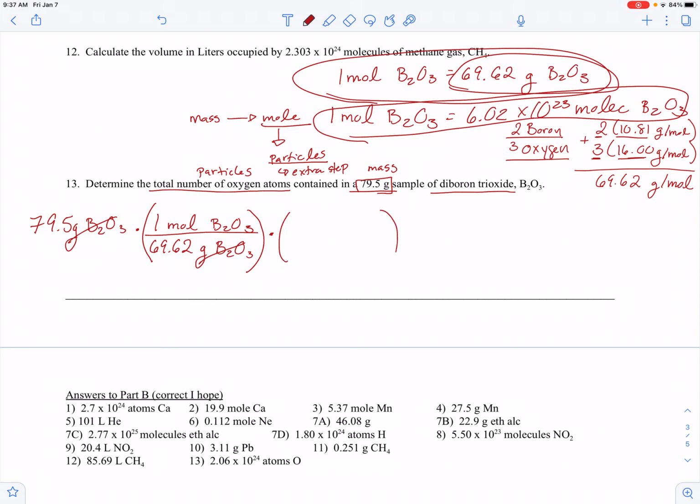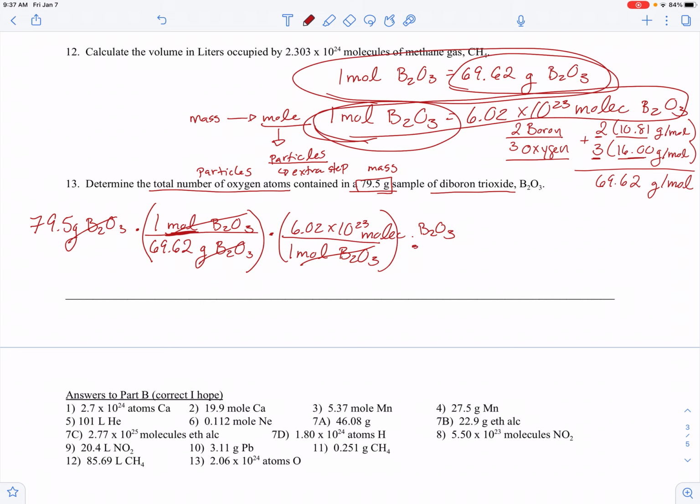So I'm currently in the unit of moles. So that means I'm going to put moles on the bottom. So every 1 mole of B2O3 is actually 6.02 times 10 to the 23 molecules of B2O3. Moles will cancel when I multiply across, because it'll be moles over moles.